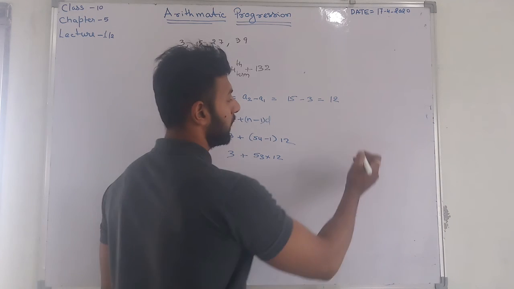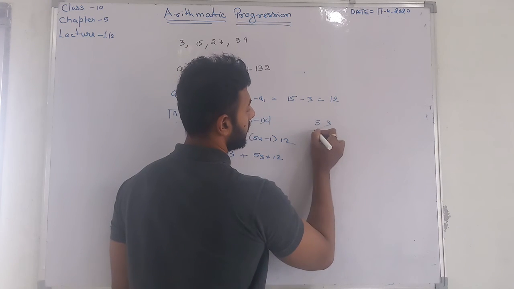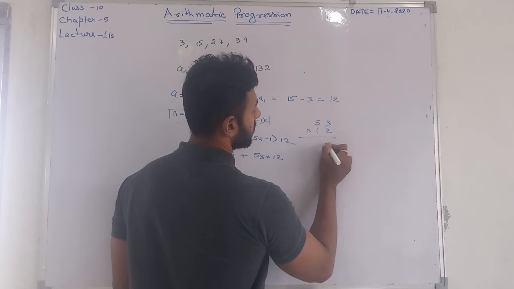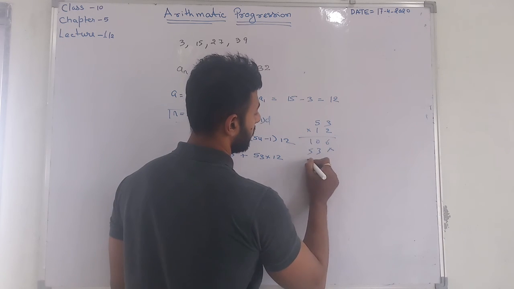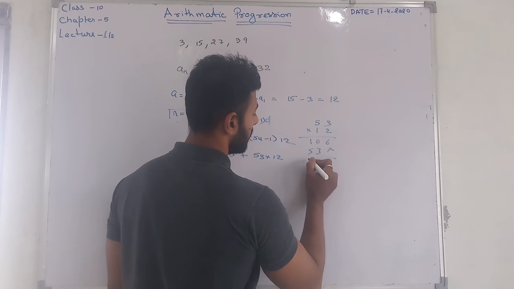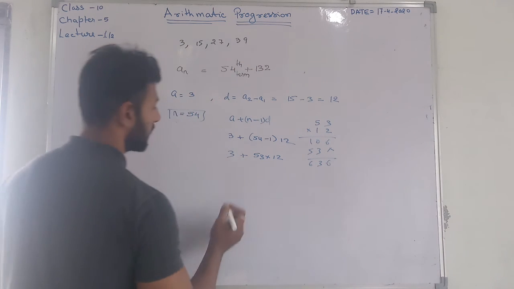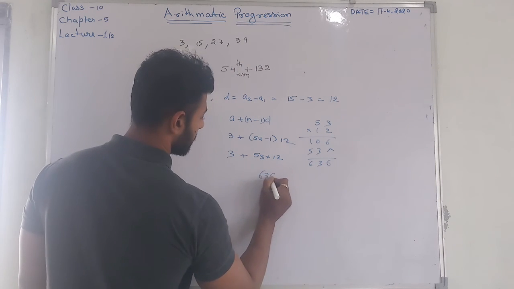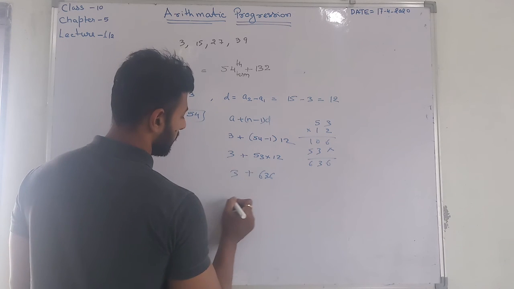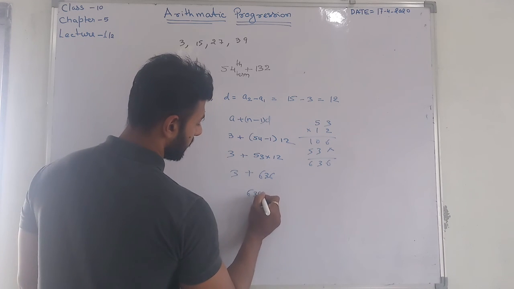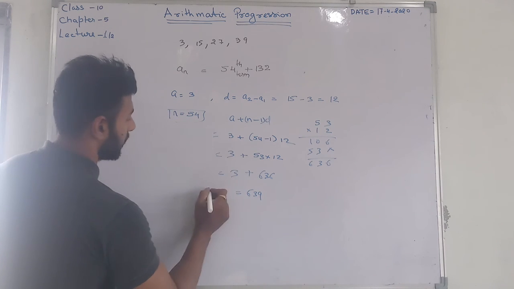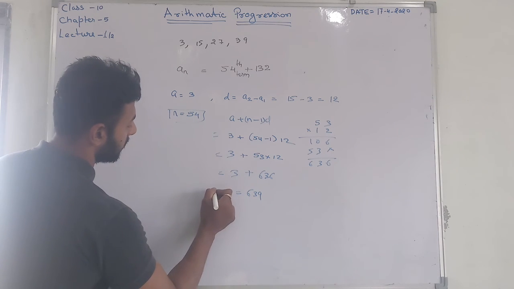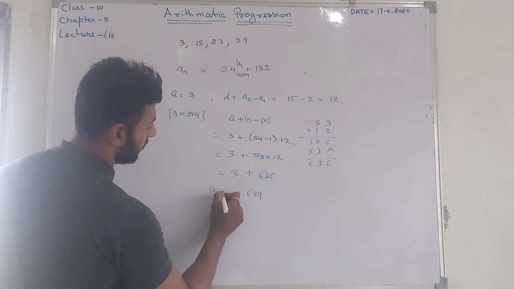Multiplying 53 with 12 gives 636, plus 3, we get 639. Now, this is our 54th term.